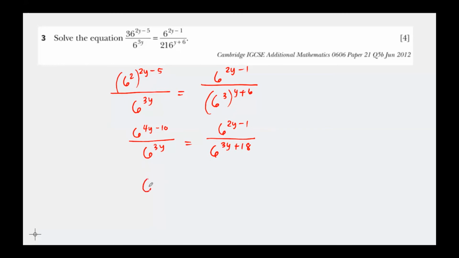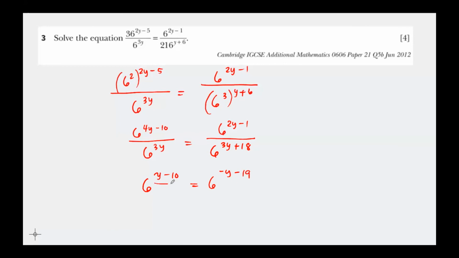This gives us 6 to the power of, because this is division, that means we just need to subtract. So 4y minus 3y is y minus 10 is equal to 6 to the power of 2y minus 3y is negative y. Negative 1 minus 18 is negative 19, correct?